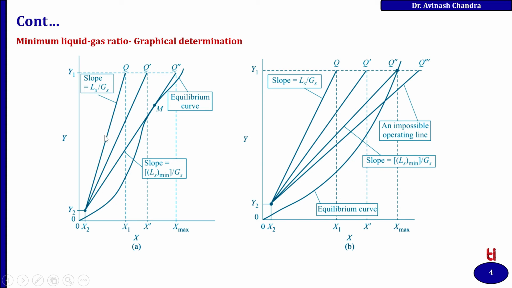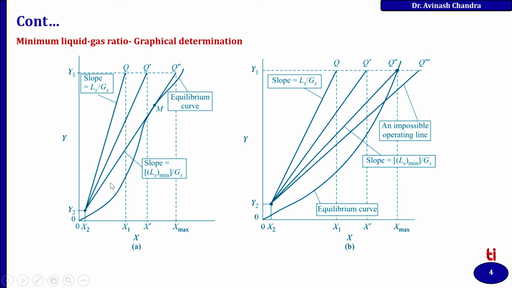So whenever we operate the absorption column at some real value, in that case we need to multiply this particular quantity with some factor.